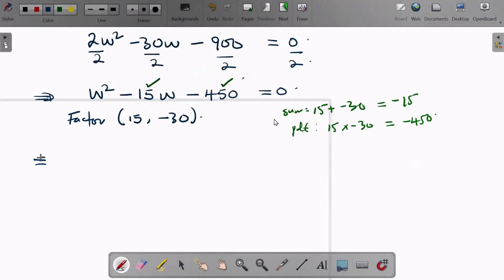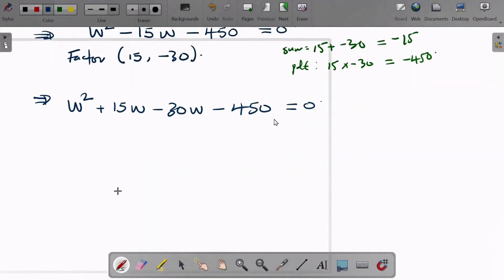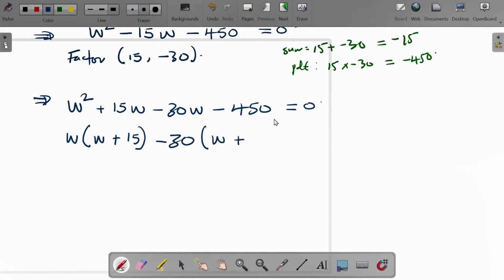So let's now proceed. It implies that we have W squared plus 15W minus 30W minus 450 equals 0. Let's factorize. What's common here is W. We pull it out. What remains here is W plus 15. Minus, the common here is 30, and what remains is W plus 15, equal to 0.